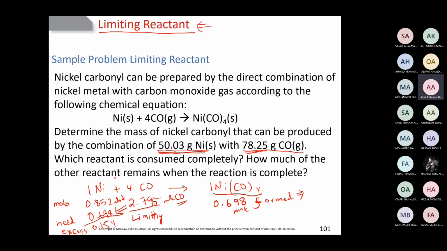This number is fine. Multiply by atomic mass. Yeah, but what mass?